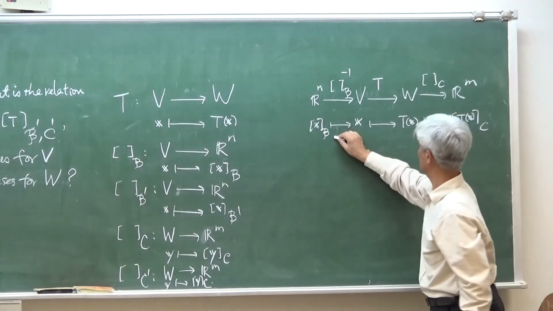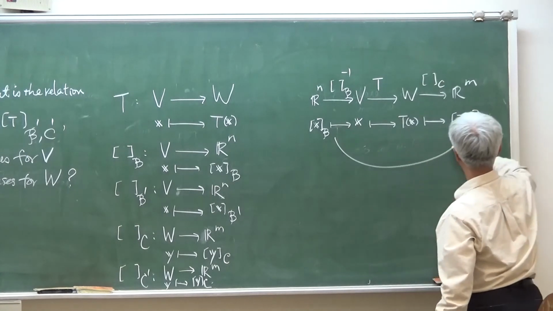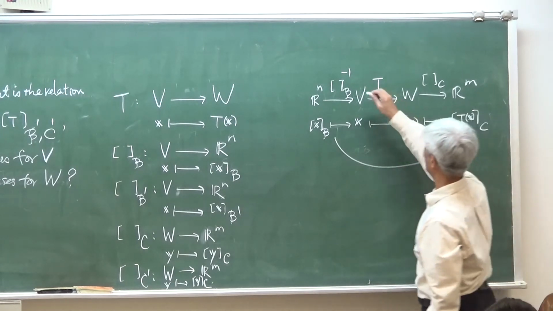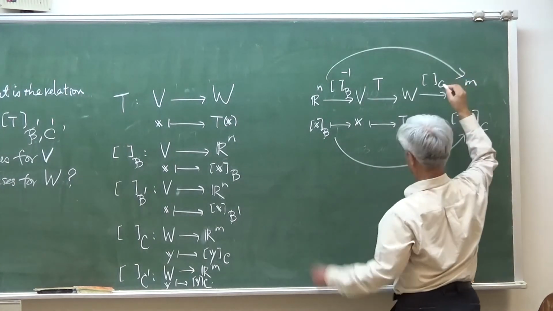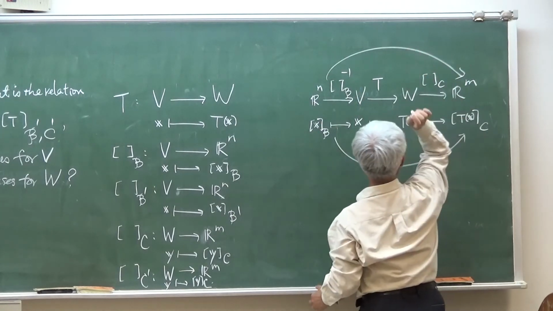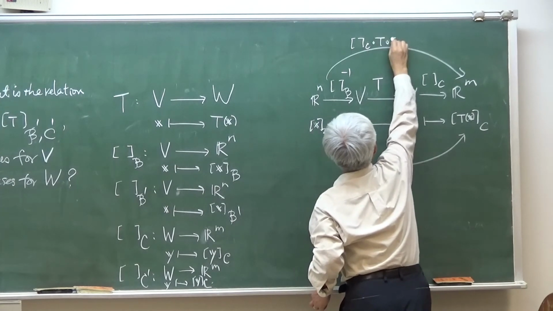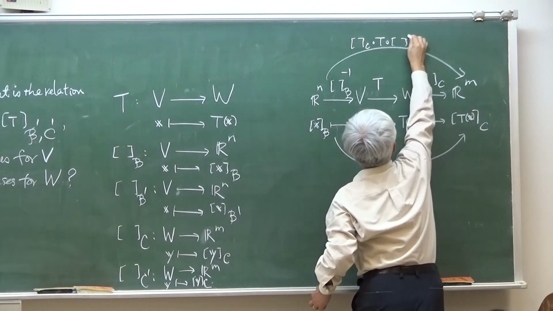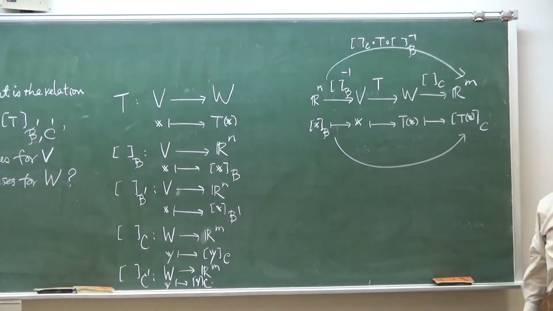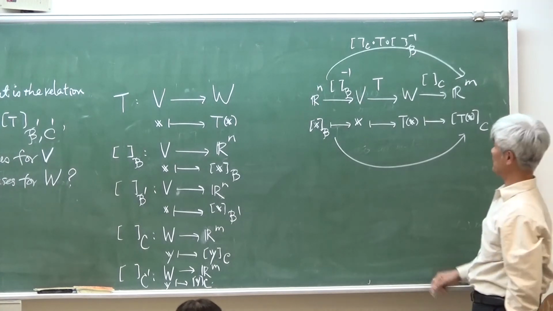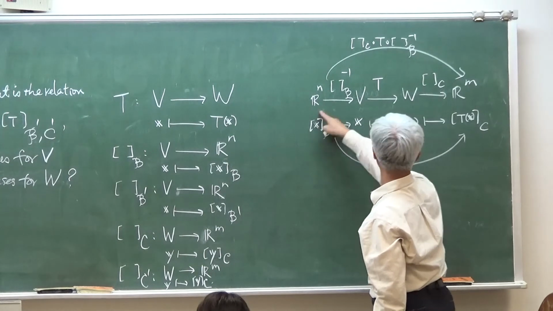So we go from here to here, and the composition establishes a linear transformation from Rn to Rm.